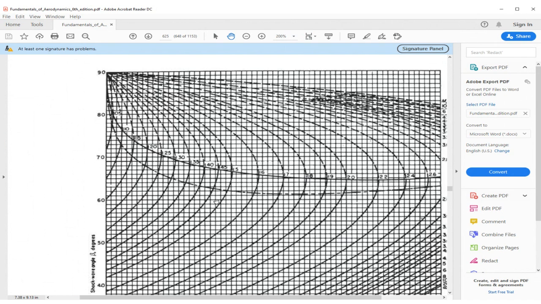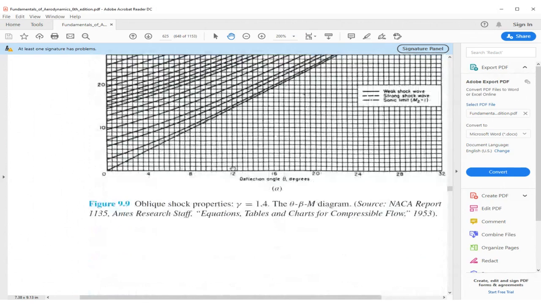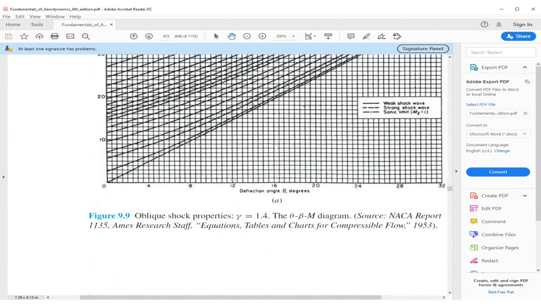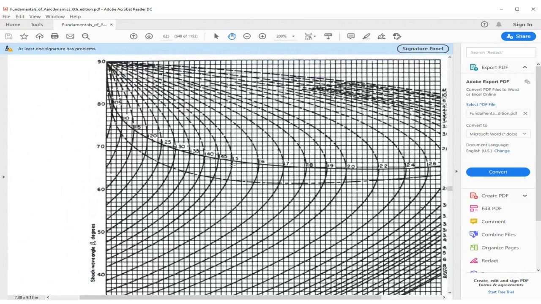If I look at, say, Mach 1.5, it has a maximum turning angle of about 12 degrees. So that's the maximum that a flow going at Mach 1.5 can turn around a corner and still have an attached shock. That's what's called a critical angle or a maximum turning angle. Let's write that down somewhere.